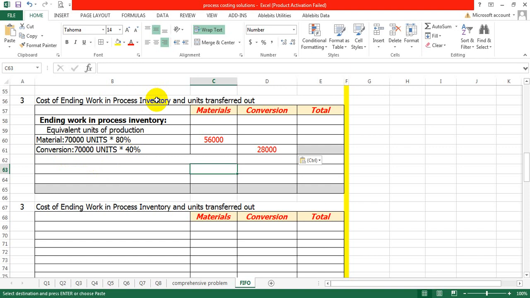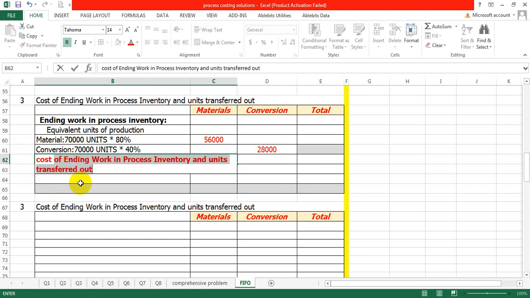Now we need to calculate the third one, the cost per unit. We calculated the cost per equivalent unit in the previous work, in the second requirement.